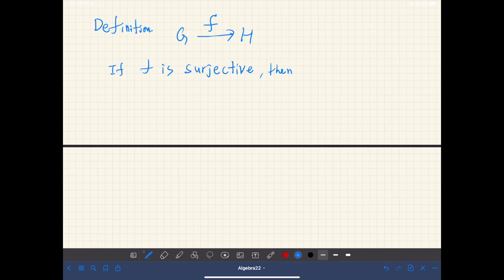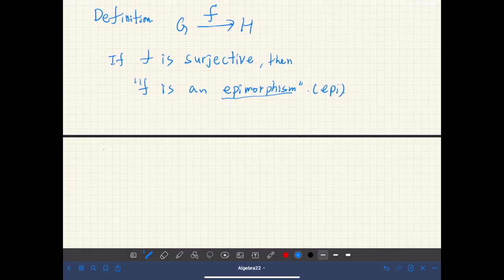Then we say F is an epimorphism, or simply epi.